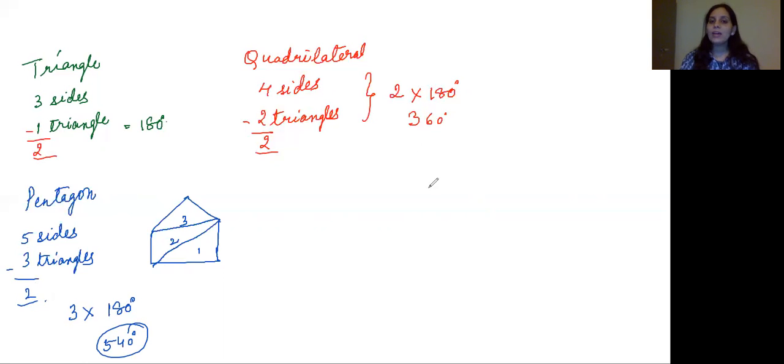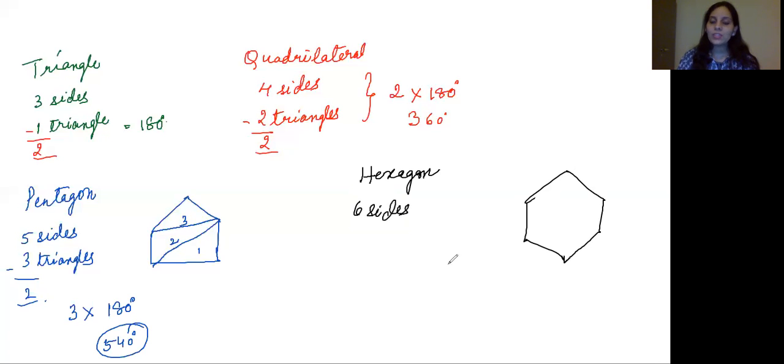Now one last example I would like to show you, a 6-sided figure known as a hexagon. This is the figure which has 6 sides. And how many triangles? Let us just see. Let me join these pairs and these pairs.